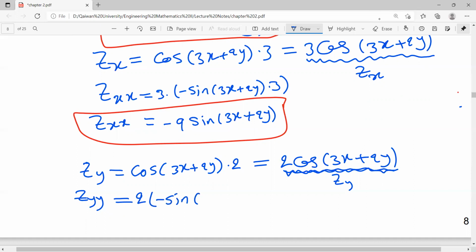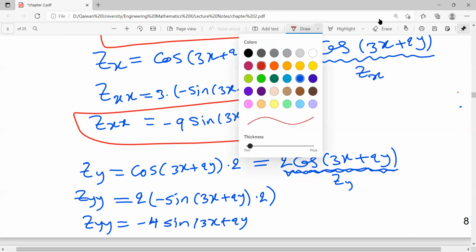Minus sine 3x plus 2y, then multiplying by the derivative of the angle with respect to y, which is 2. So here we say z sub yy equals minus 4 sine 3x plus 2y.